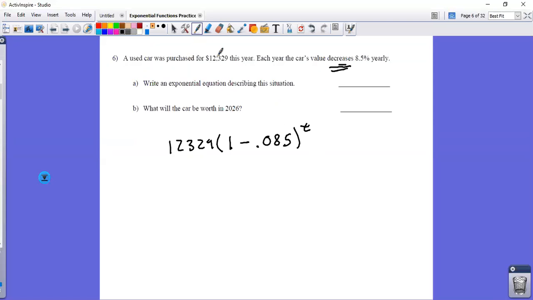Now, if it was purchased this year, which is 2020, and they want to know what it's worth in 2026, you just have to subtract those. That would be 6. So you would plug 6 in for t because it's 6 years later, and that'll give you that answer.